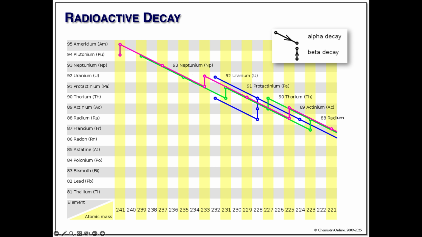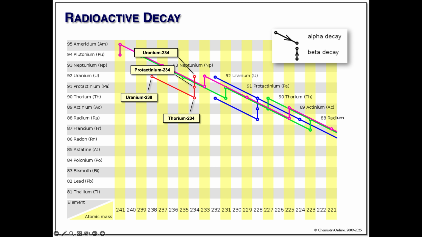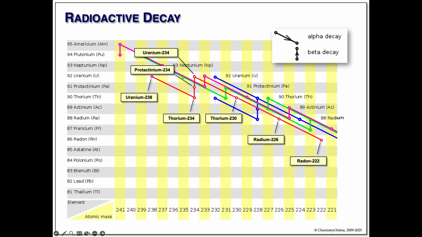Let's just follow along as we decay our friend uranium-238. Again, that's the stuff in the bottle. It loses an alpha to form thorium, which loses a beta to get protactinium, which loses another beta to give uranium-234, which loses an alpha to get thorium-230. We're down to radium-226, and finally radon-222.